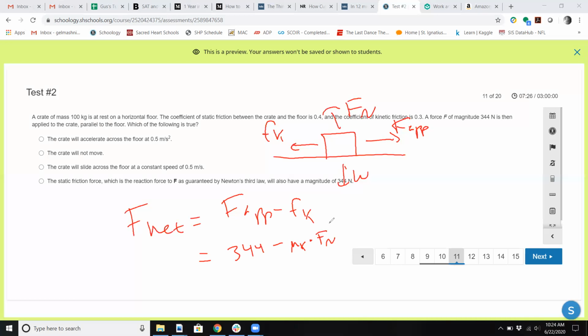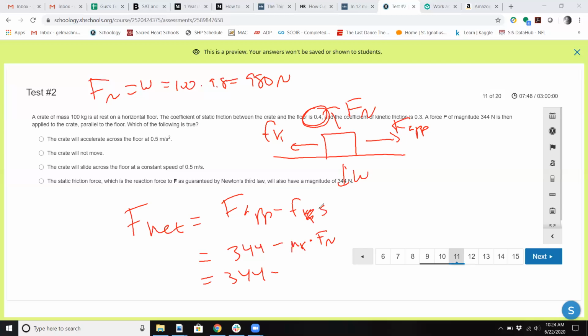My normal force is going to equal the weight, and that's going to be 100 times 9.8, or 980 newtons. So if I want my net force to be positive, first off, I have to break the static friction to get it to move.